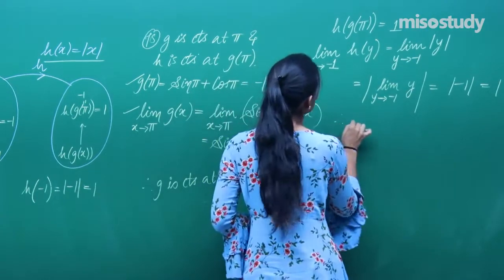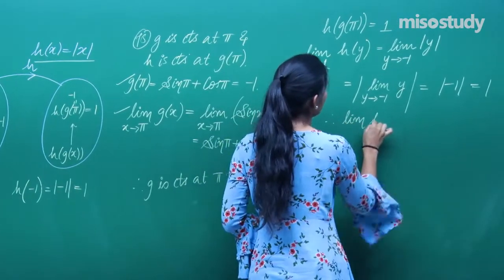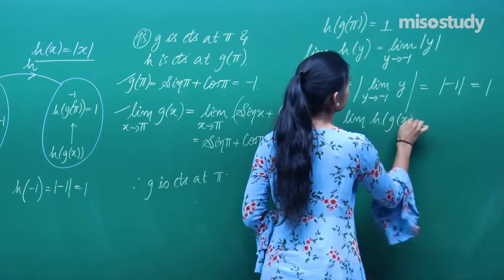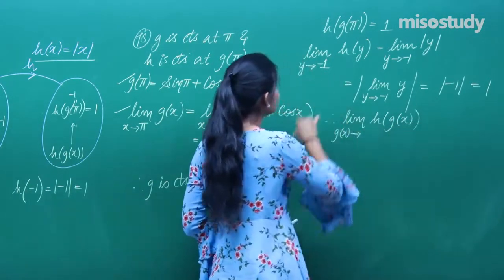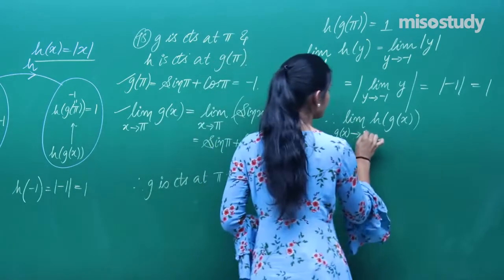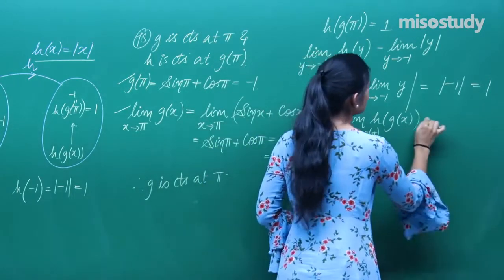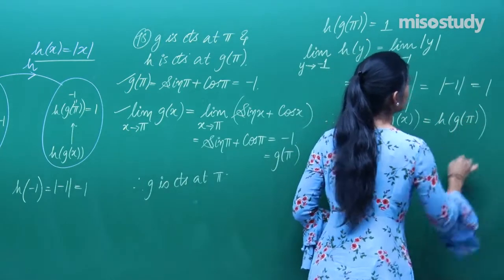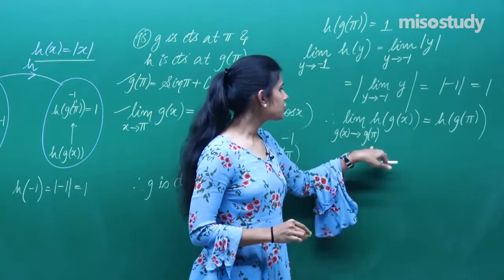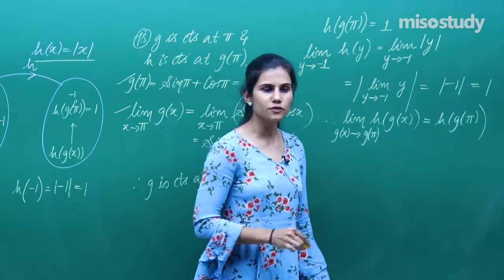So what I do, I replace y by gx, y by gx approaching minus 1. Minus 1 is G of pi. This is coming out to be equal to 1, which is H of G of pi. So I have got as Gx approaches G of pi, H of G of x approaches H of G of pi.